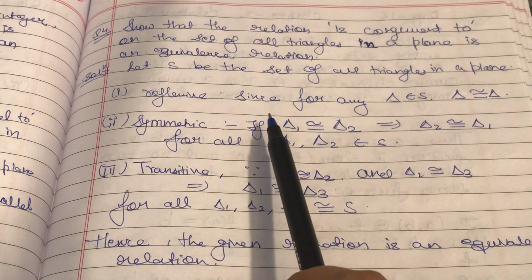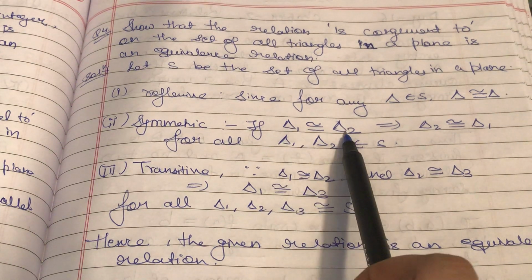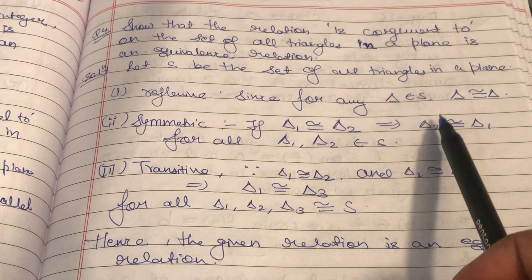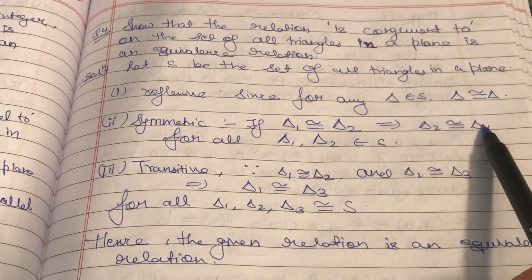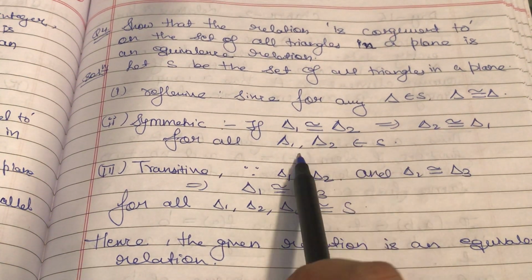About symmetric, if there are two triangles, triangle 1 and triangle 2, if triangle 1 is congruent to triangle 2, then definitely triangle 2 will also be congruent to triangle 1. So for all triangles 1 and 2 belonging to S, it is symmetric.